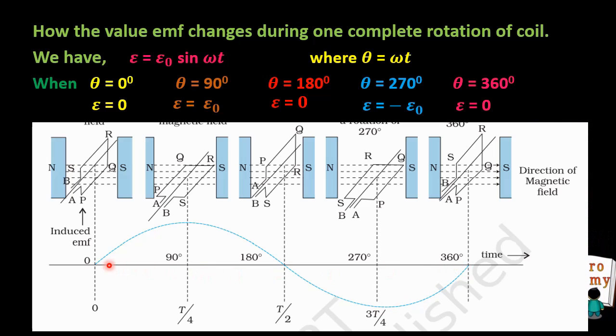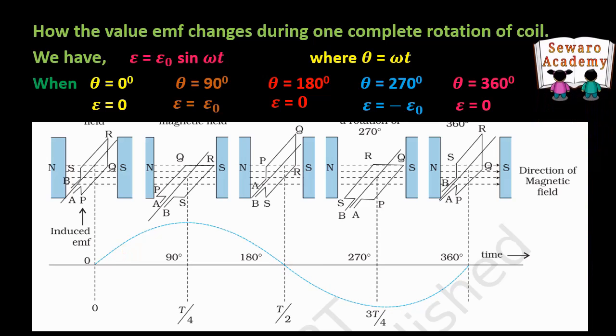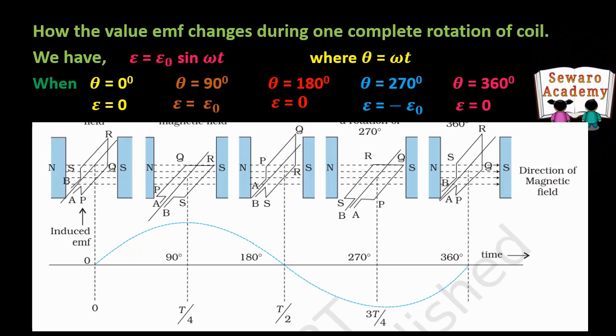From this diagram, we can see that EMF increases on the positive side, becomes 0, increases on the negative side, and again becomes 0. Due to this, the amplitude of the EMF varies with time, and we call it alternating EMF.